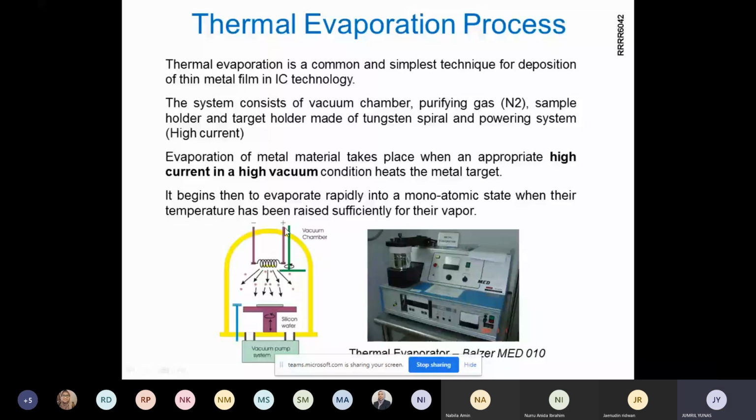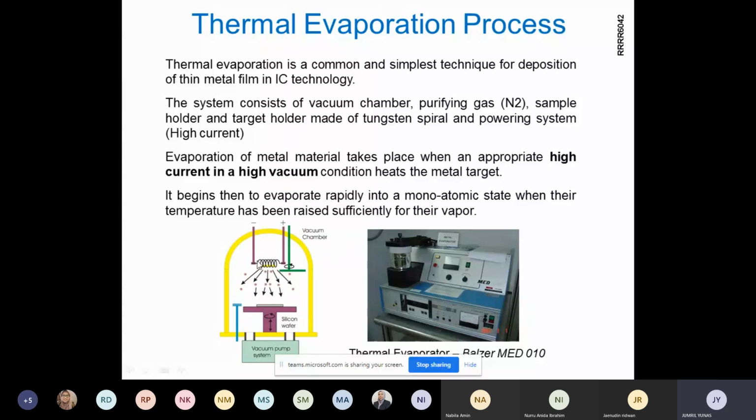The evaporation of metal takes place when an appropriately high current, in a high vacuum condition, hits the metal target, so it begins to evaporate rapidly into a mono atomic state when the temperature has been raised sufficiently for evaporation.